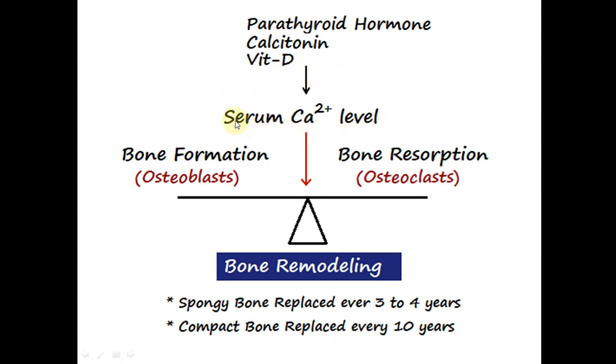calcium level. And the serum calcium level is controlled by certain hormones, and these are the extrinsic factors that control the calcium homeostasis in the blood. They include the parathyroid hormone, which is secreted by the parathyroid glands, which are 4 glands at the posterior surface of the thyroid gland.